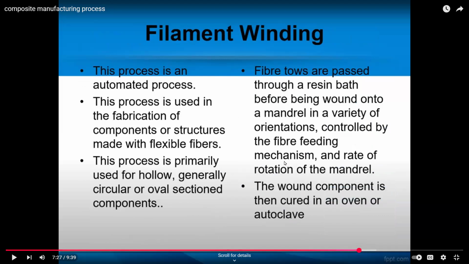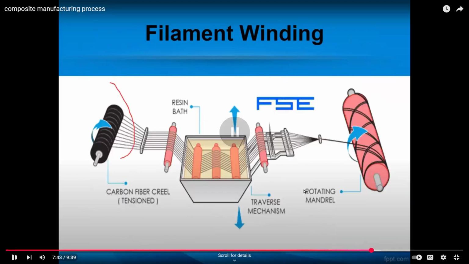Filament winding is a very common methodology, even applied to the pipeline system. Let's say we have a pipe or a storage tank. This is the fiber supply, fiber tows, and they go through a resin bath, where resin impregnates into the fibers, and then we wind.